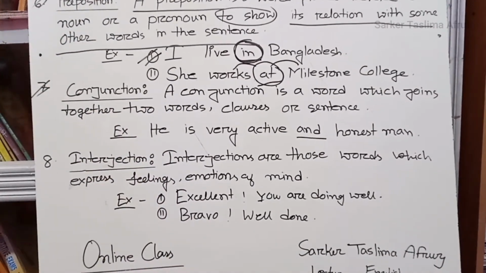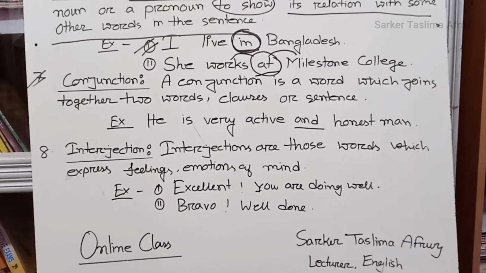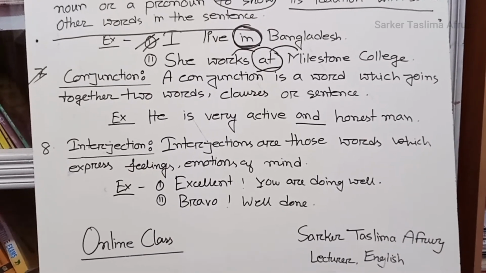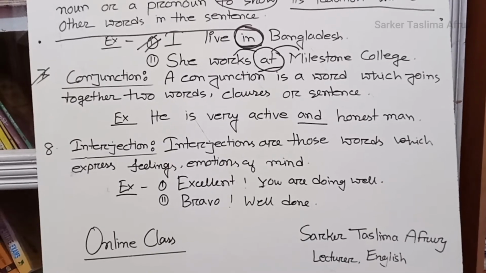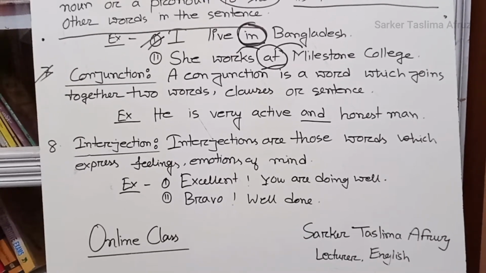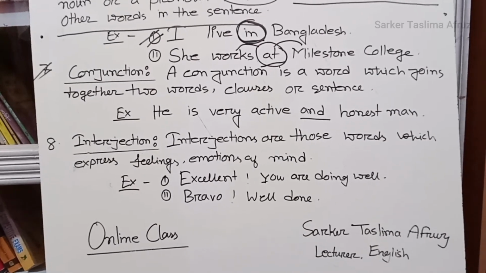Next, you can see conjunction. A conjunction is a word which joins together two words, clauses or sentences. They are considered to be invariably grammatical particles. Without conjunctions, we could only make very simple sentences.